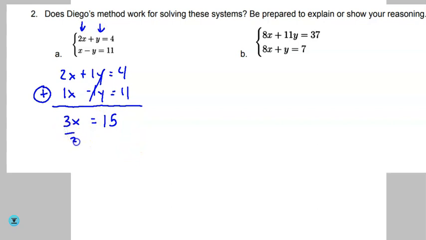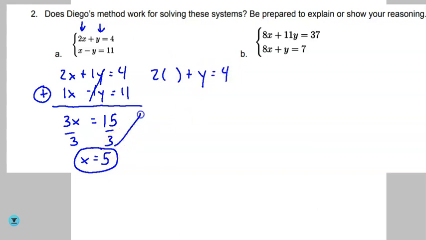Now simply divide by 3, divide by 3. We know x equals 5. So that's half. Now you've got to get y. Take one of the equations and change the x to 5. If I take the top one, it's 2x plus y equals 4.